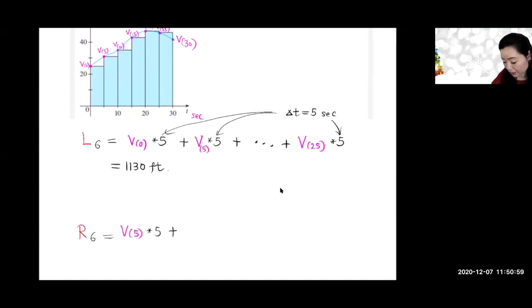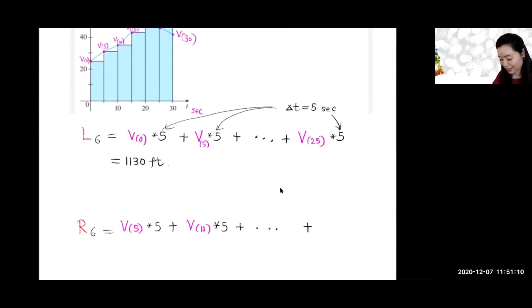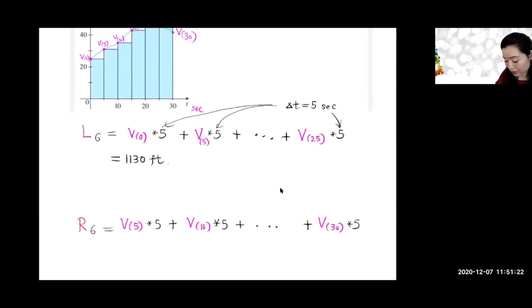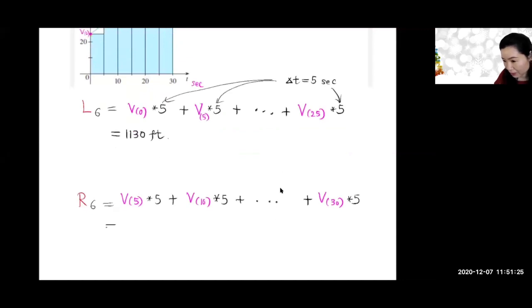And then similarly, V10, we times it by 5. Continuing this process, what's the last one? Can someone tell me what's the last one? V30. Yeah, you got it. So it is V30, the velocity at 30 seconds, and you times 5. We do the calculation, and that is going to be 1210 feet.